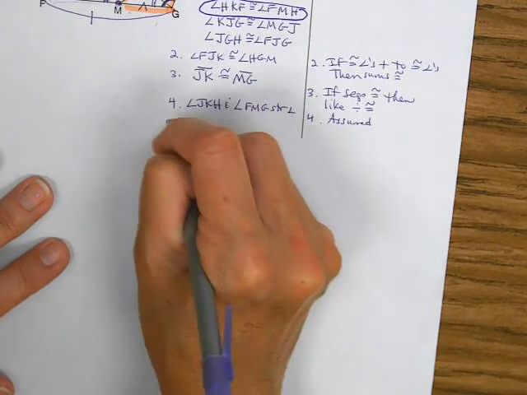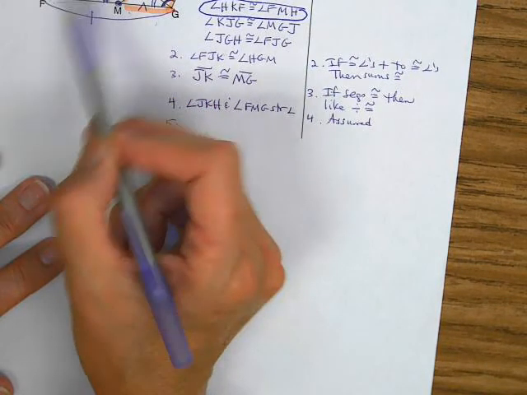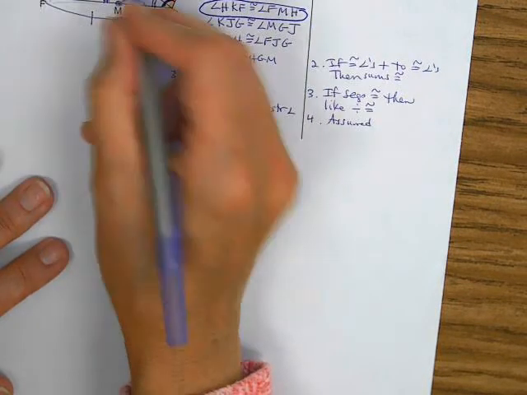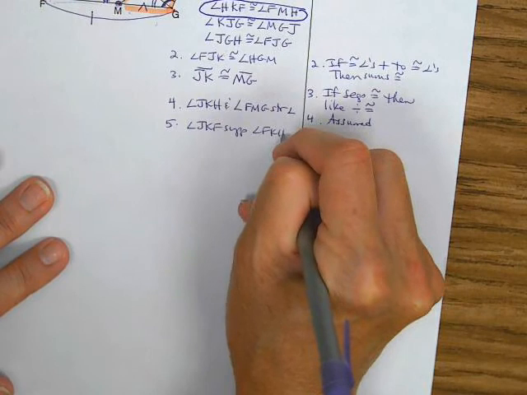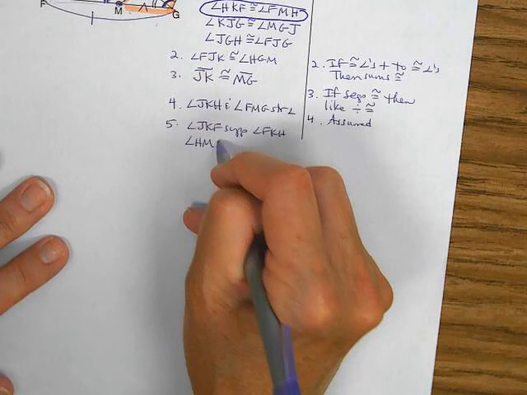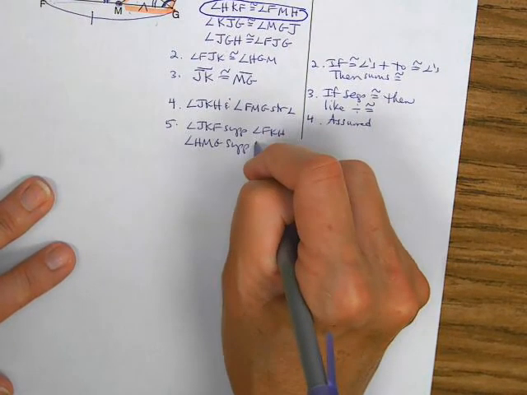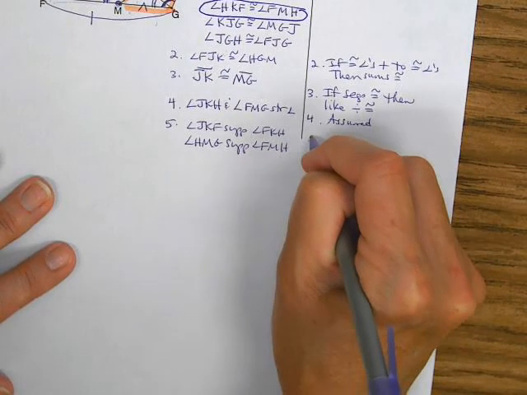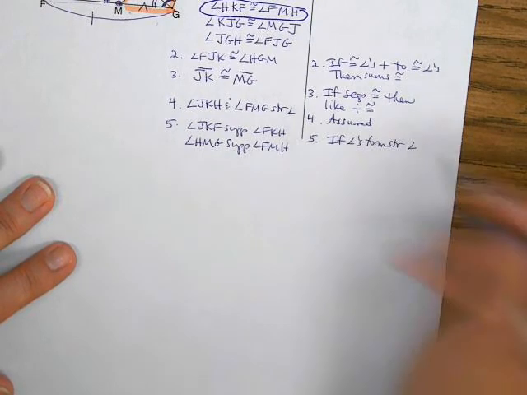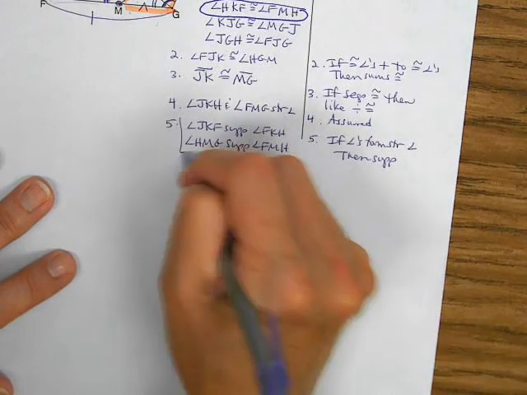Then I'm going to say my two supplementary angles here. Up here, they're this green one, JKF, is supplementary to FKH. And down here, I have what? HMG. This guy is supplementary to FMH. We've done this before. If angles form a straight angle, or if they add up to 180, then they are supplementary, right?